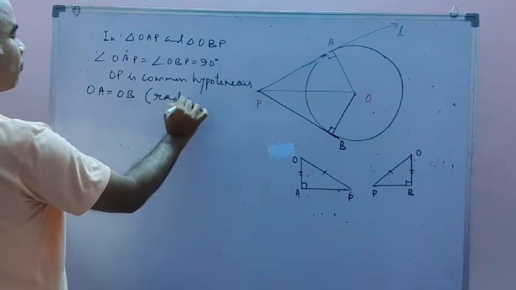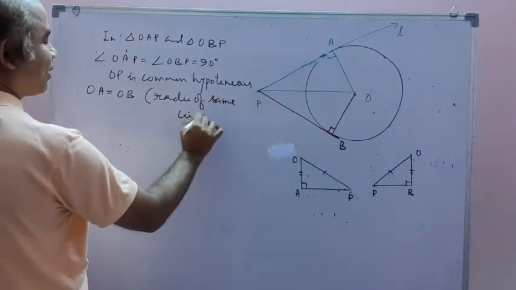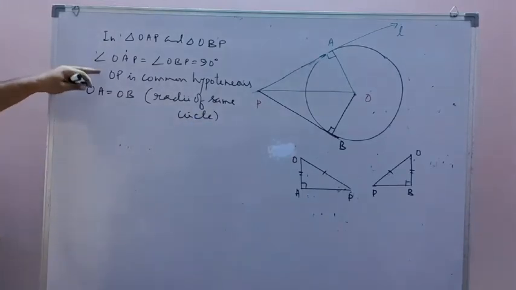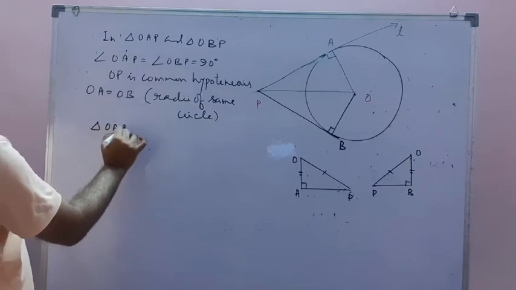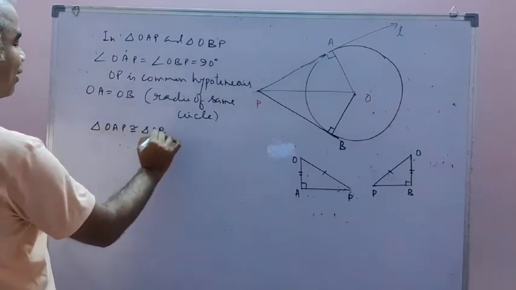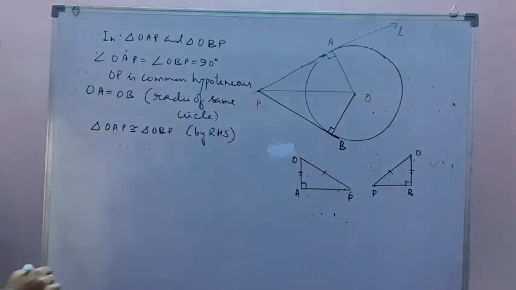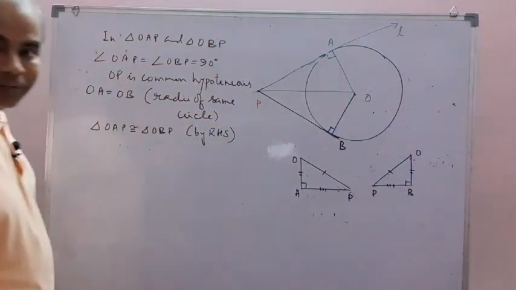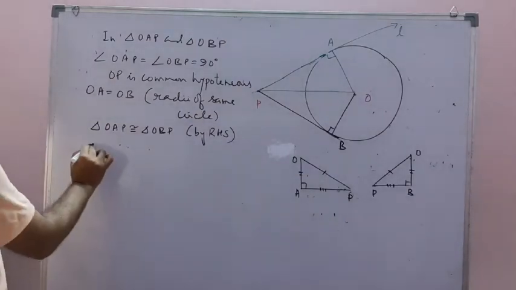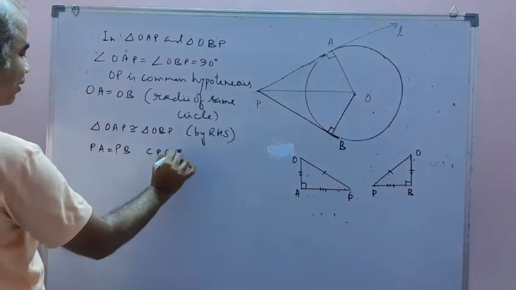Radii of the same circle. So by right angle hypotenuse side congruency, these two triangles OAP and OBP are congruent. As a result, their third sides PA and PB are equal, by CPCT.